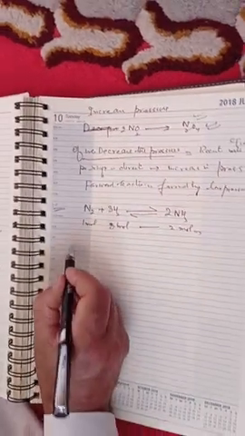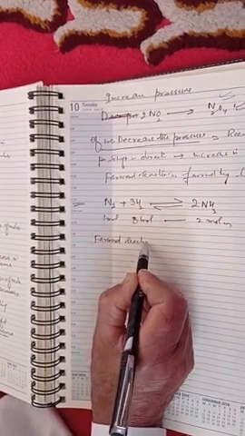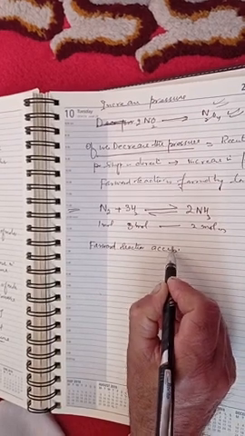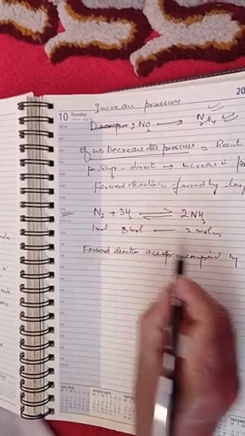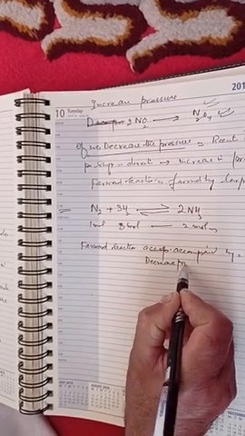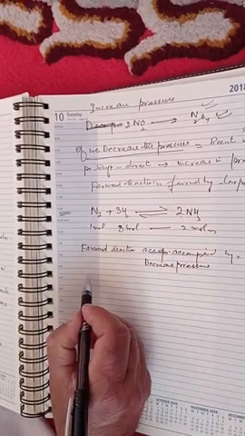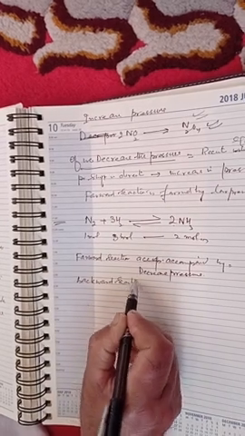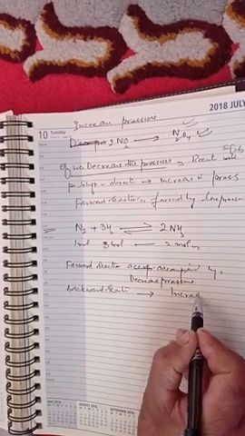That means the forward reaction is accompanied by decrease in pressure. In forward reaction, decrease in pressure takes place, and in backward reaction, here there are 2 moles, there are 4 moles. Backward reaction takes place with increase in pressure, because number of moles is directly proportional to the pressure.